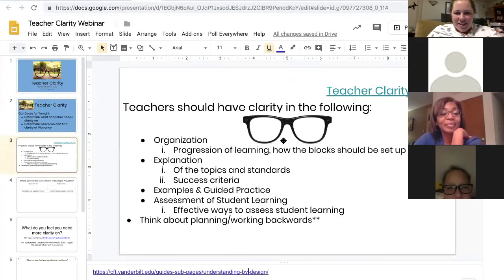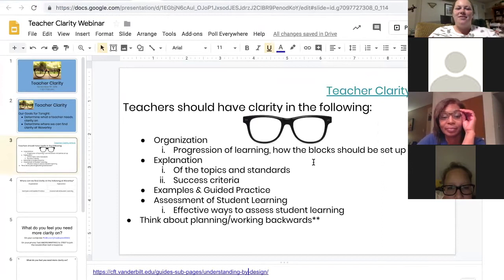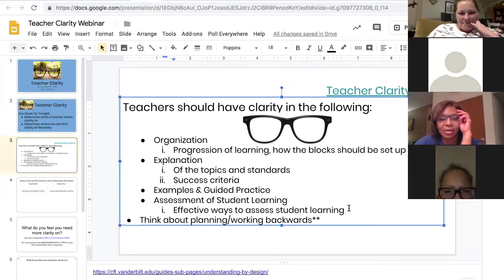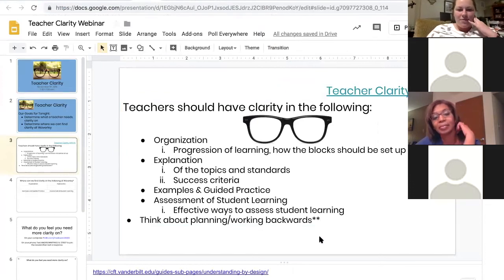So any questions on what we should have clarity on, or is there anything else that you think we should add to this list? Well, I do think the working backwards is a great idea, because in first grade and kindergarten, we've been trying to do lots of little foundational skill assessments to guide our instruction.